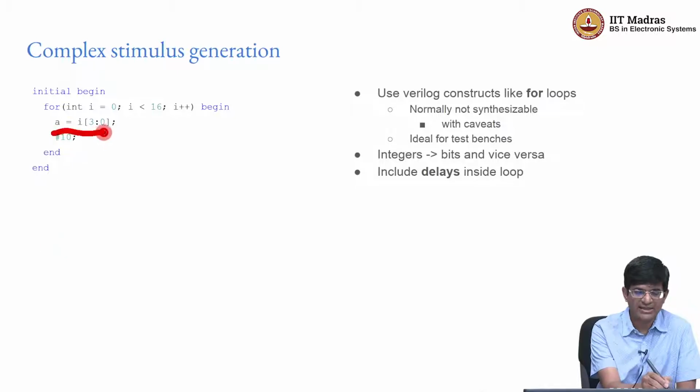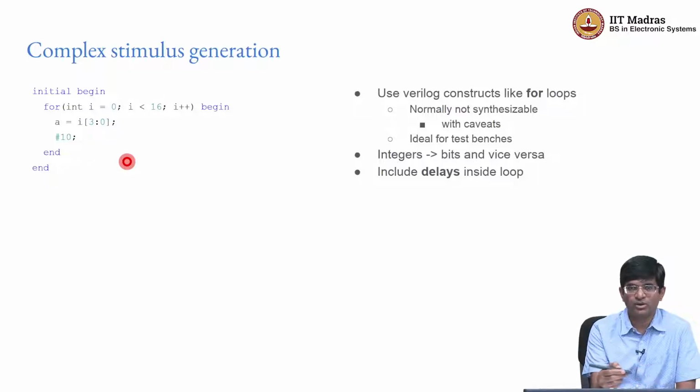I can basically say assign a equal to i[3:0], where i is an integer like this, wait for 10 nanoseconds, which would typically be 1 clock cycle, and then assign a equal to the next value of i. If you needed to write this out, you would normally write a equal to 0000 #10, a equal to 0001 #10, a equal to 0010 #10 and so on. Not only is that tedious, it is also error prone. This is a much cleaner and neater way of programmatically generating stimuli.